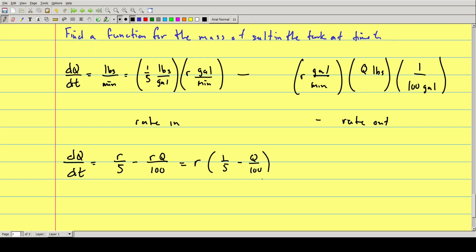Okay? From here, this is both a separable equation and a first-order linear equation. Okay? R is just a number, okay? It's not specified, but it's a number. Okay, Q is the variable and T is the independent variable. So any of the techniques that you know from our previous couple of sections will work here.